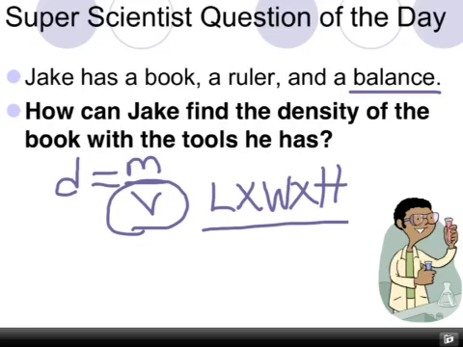And we can do that with a ruler. So use the ruler to measure the length, width, and height of the book. Multiply those. That gives you our volume. And then we weigh the book on the balance. And lo and behold, we divide mass divided by volume, and we get the density of the book. I hope you got that one right too.